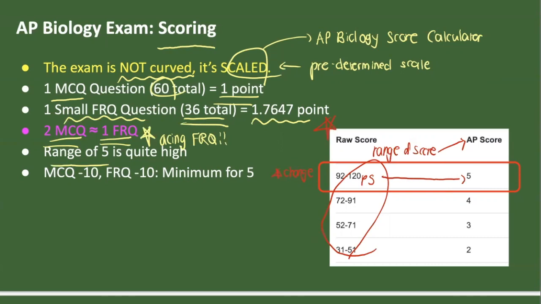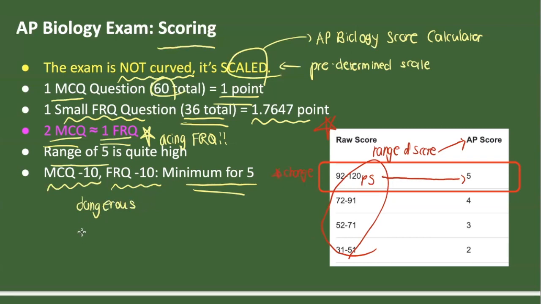So it might depend year by year, but that's the general trend of what's going on. Which means that you can miss up to around 10 MCQ questions and 10 FRQ questions, and you can still land on a 5. But this is actually quite dangerous. I would say this is still a cutoff score to get a 5.